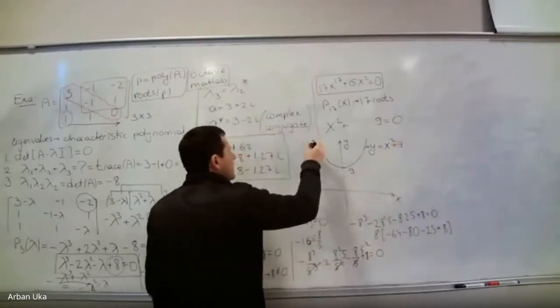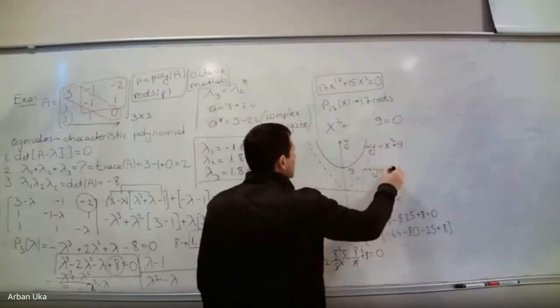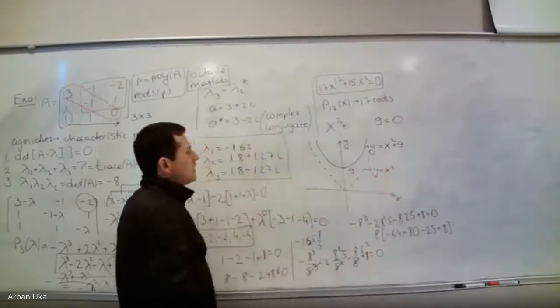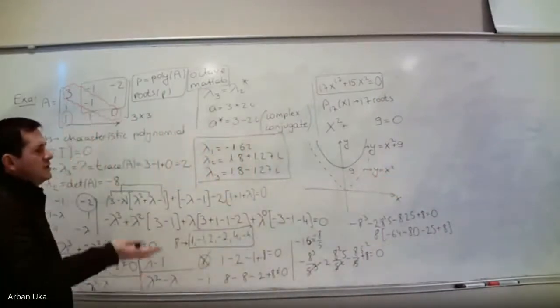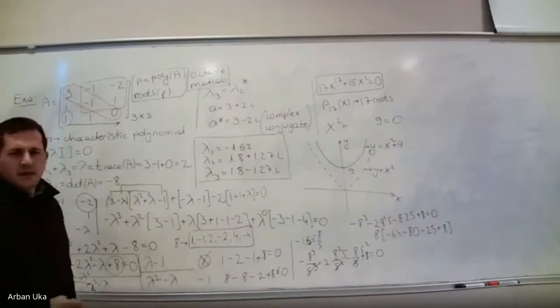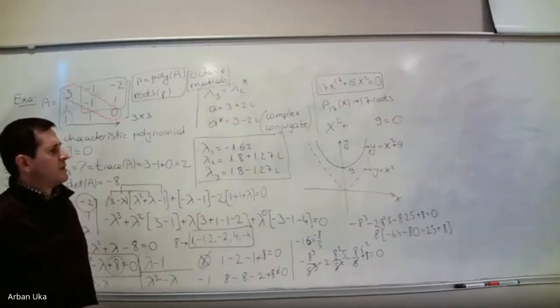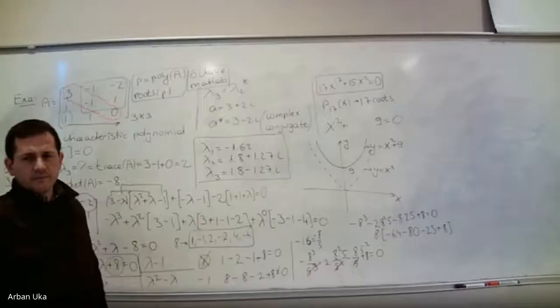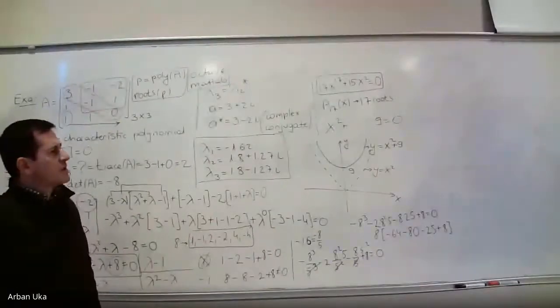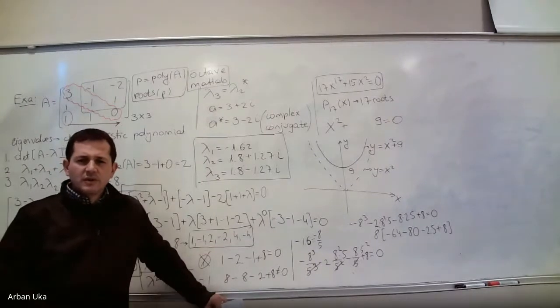Because y equal to x squared would be this graph, y equal to x squared plus 9 would be much higher. So this means that x squared plus 9 has no root in the real number domain, as by definition it doesn't intersect the x-axis. When it does not intersect the x-axis, we find the solutions in the complex number domain.